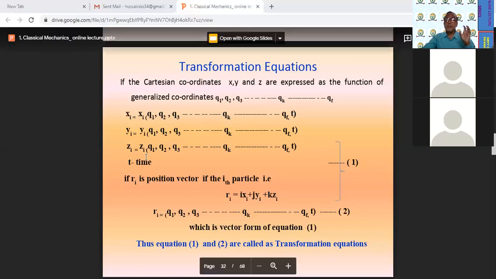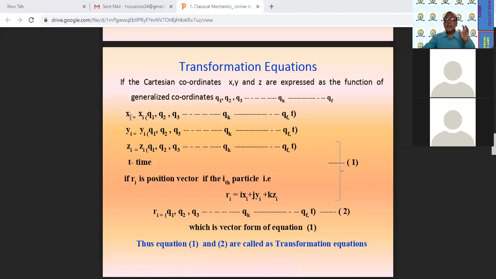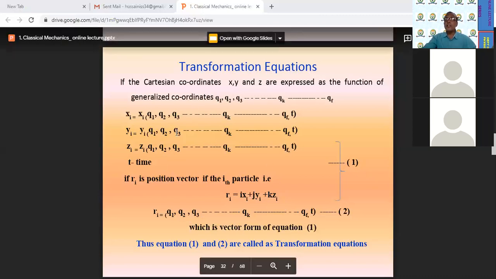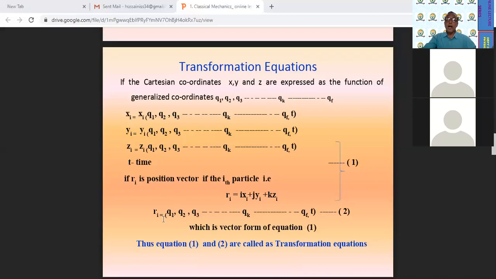That means this is the relation of the Cartesian coordinates in terms of generalized coordinates. And if ri is the position vector of the ith particle, then ri is equal to, as you know, i xi plus j yi plus k zi. That's why the above three equations in general may be written as ri equals a function of q1, q2, q3, qk, qf and t.